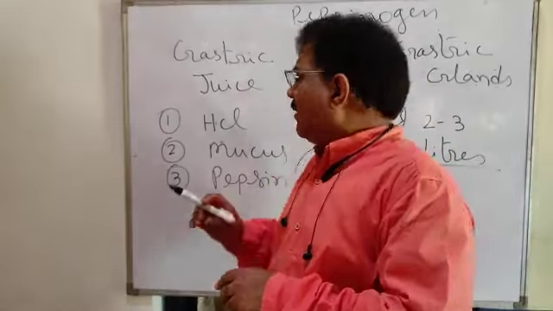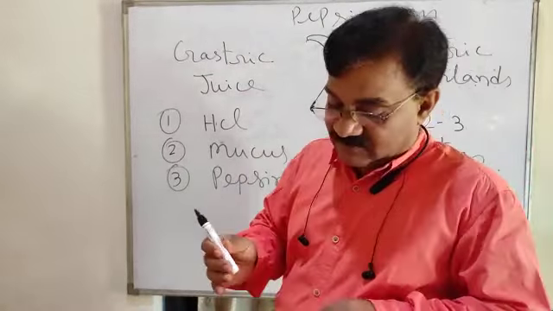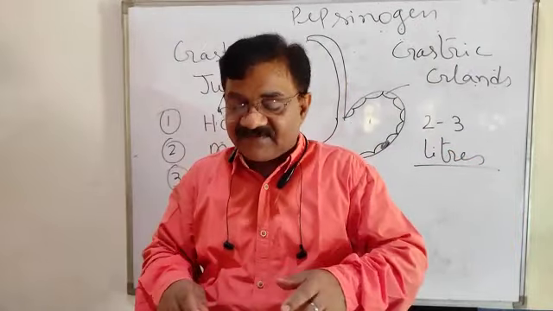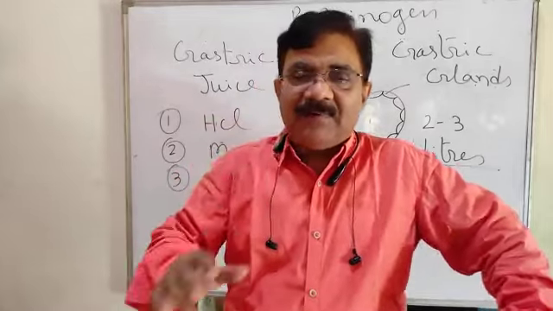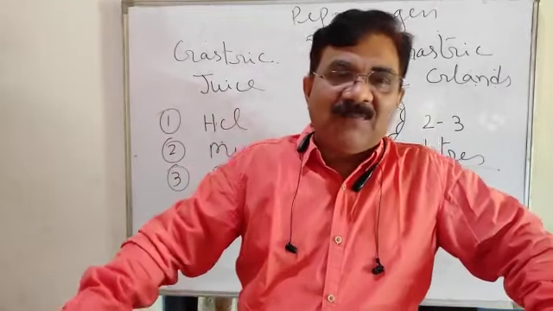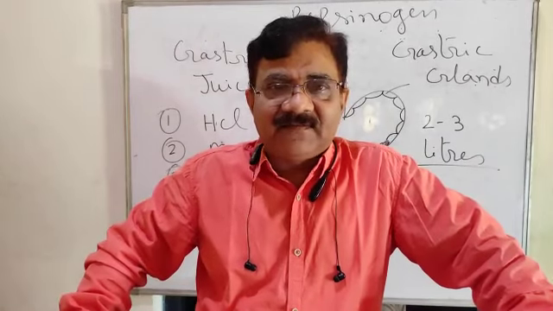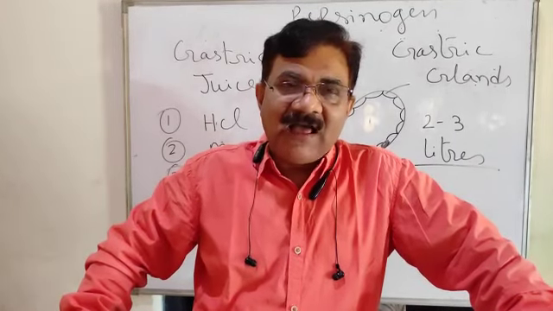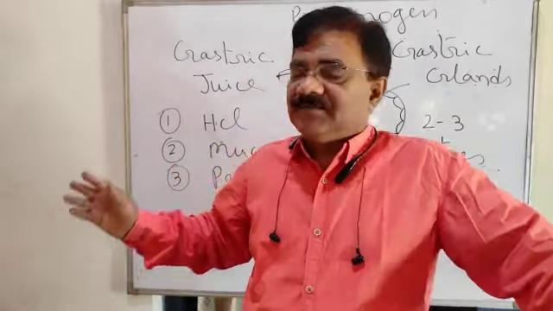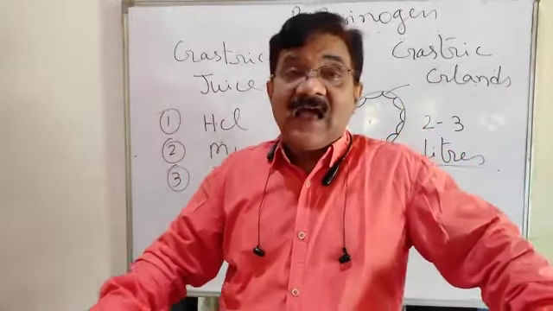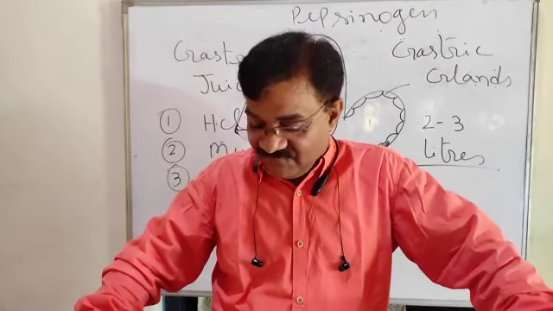Now, in our stomach, the food remains for about 3 hours, and it attains a pulp-like form. Pulp, mango pulp you must have eaten. The food is churned, mixed with the gastric juices, and turns into a pulp-like form.